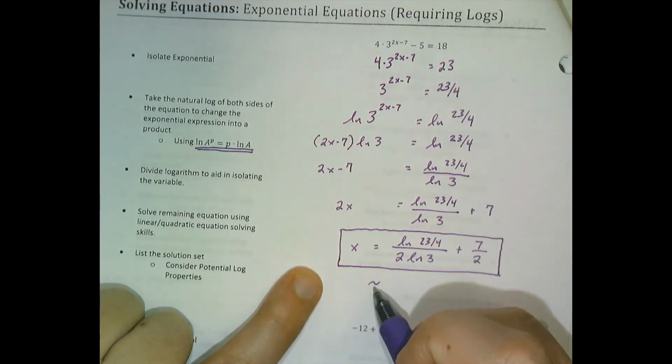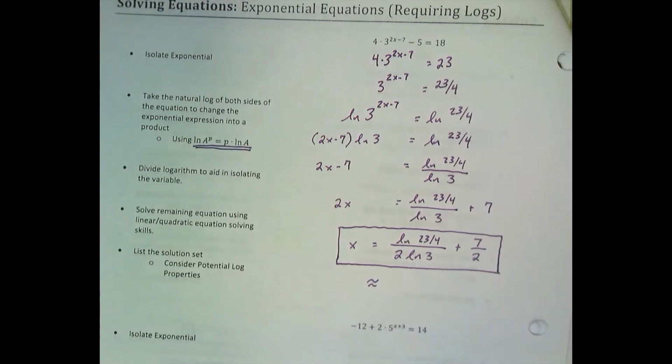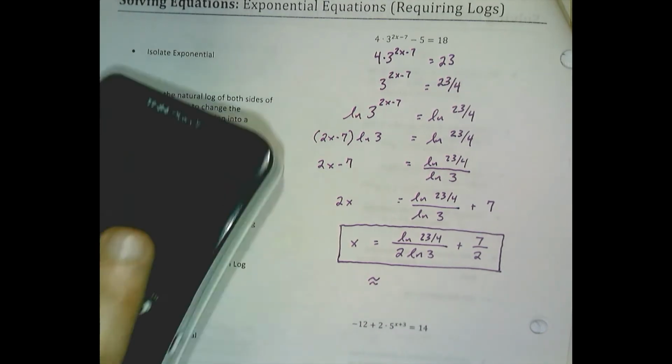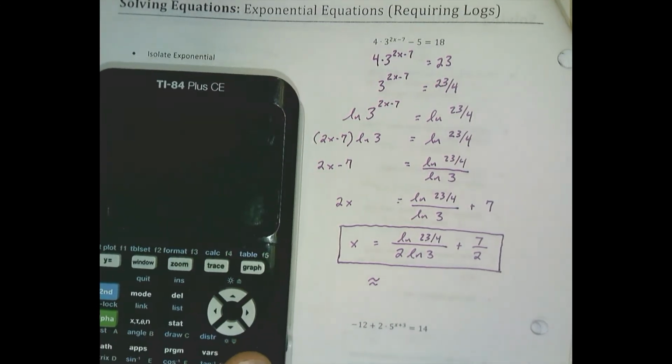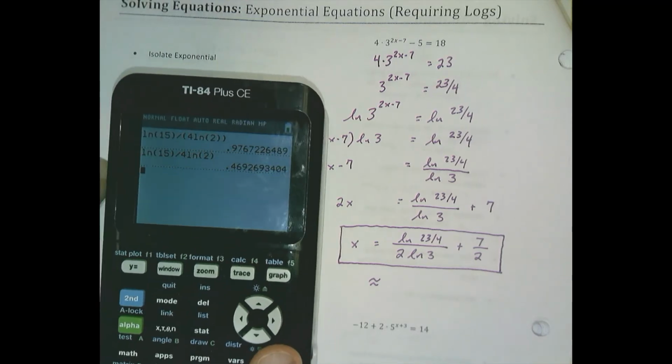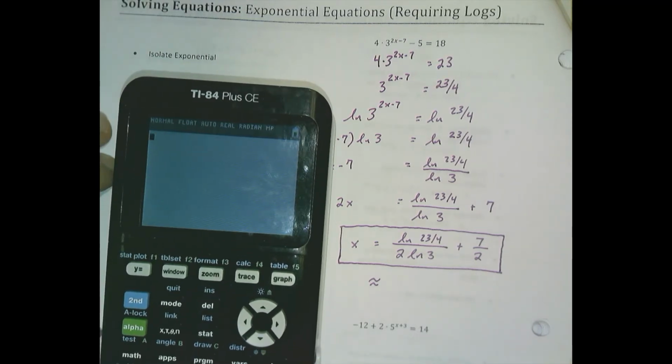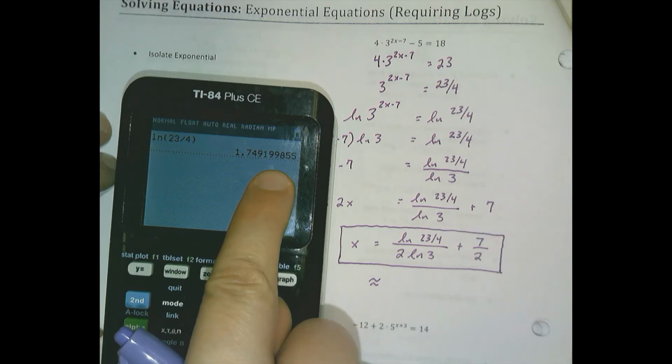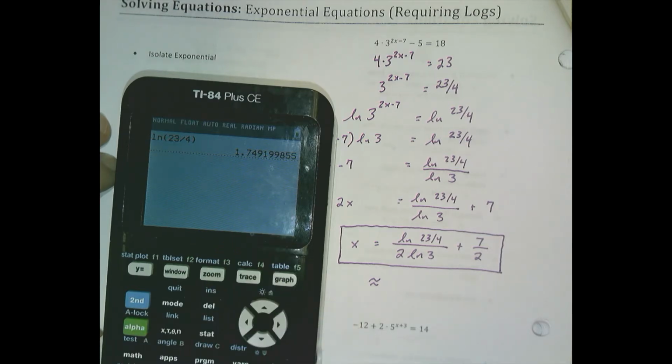If I were to turn to a calculator to find what that approximate value is, I'm going to build it up slowly for people who don't have the graphing calculator. So the first thing is I'm going to take log of 23/4, and it's good to keep all of the decimals that we possibly can keep.